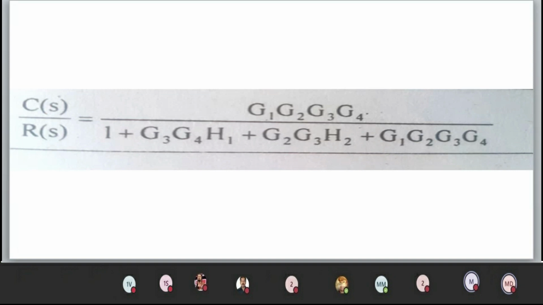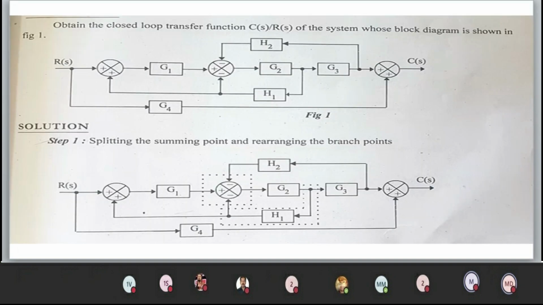Let us proceed with the problem which involves splitting this summing point. In this question, obtain the closed loop transfer function whose block diagram is shown.